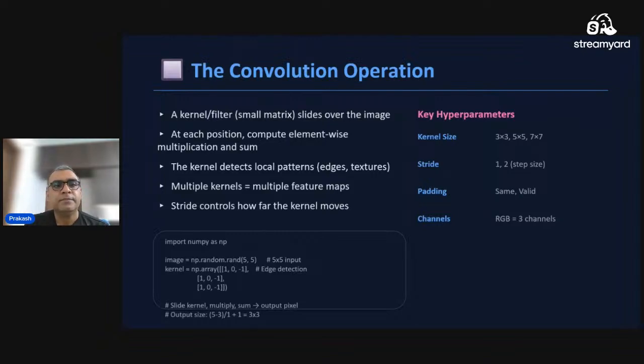All the kernels put together are called a feature map. There's a term for it, and there are controls which manage how far it can move and how fast it can move as well. All that comes into the picture.